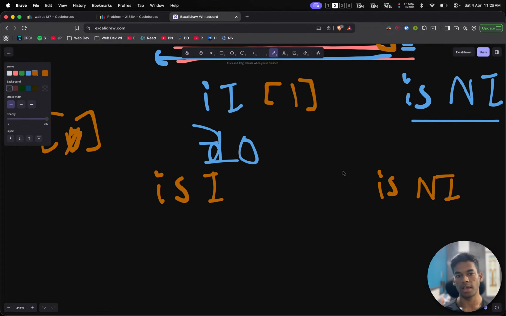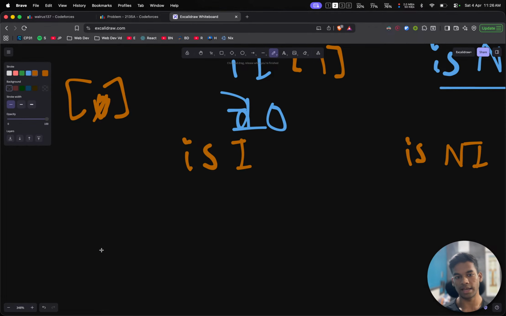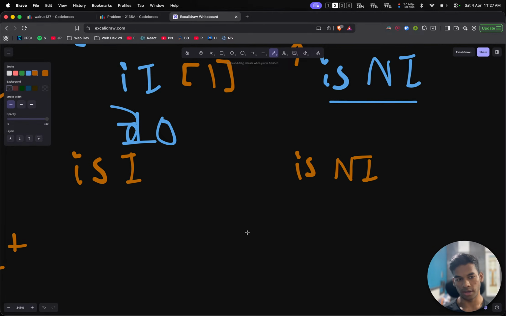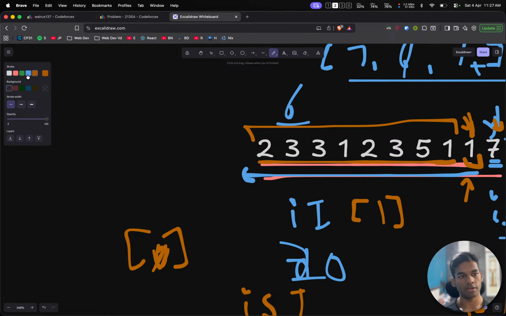So if we do include this one, in that case the answer would be 1, which is this element, plus the best answer in this subarray. Or if we do not include, let's say the best answer in the remaining subarray to the left of this one is x.